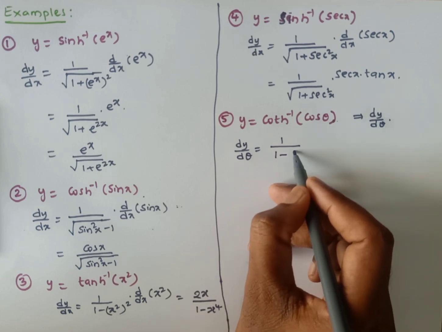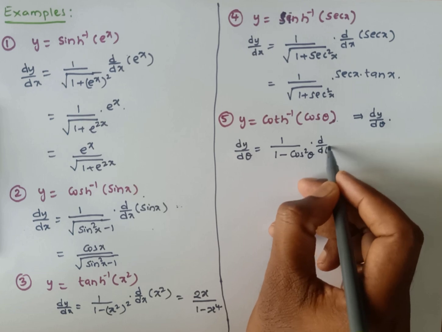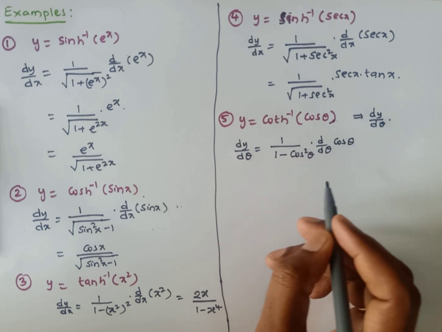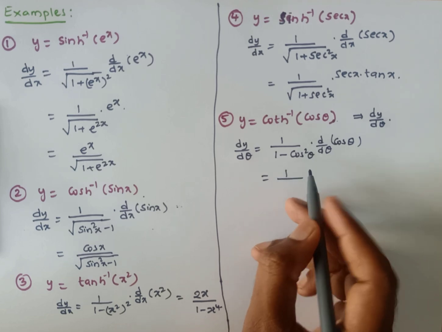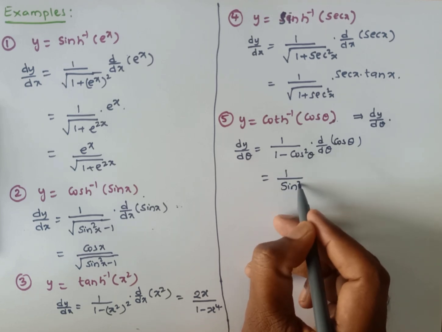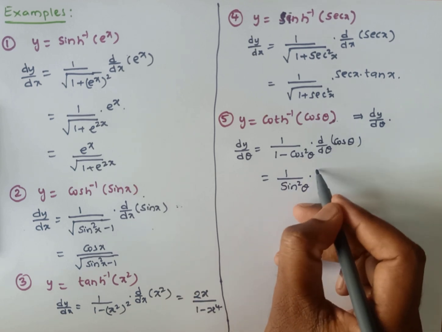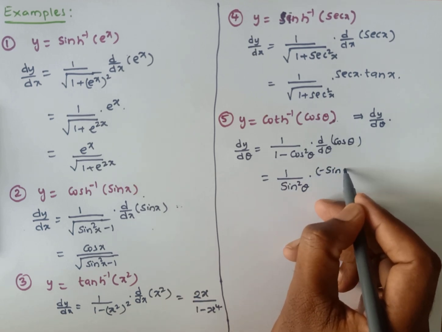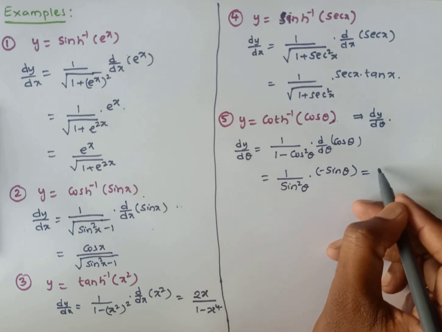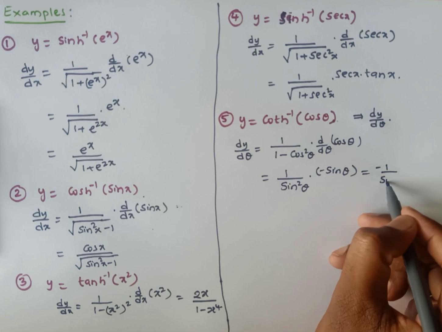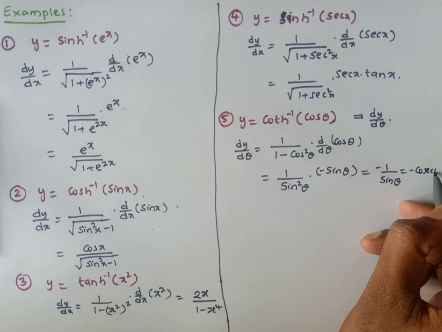Here x square is cos square theta, into the derivative of cos theta. So this is 1 by 1 minus cos square theta, which is sin square theta, into the derivative of cos theta, which is minus sin theta. So finally this is minus sin theta by sin square theta, that is minus 1 divided by sin theta, which equals minus cosecant theta.